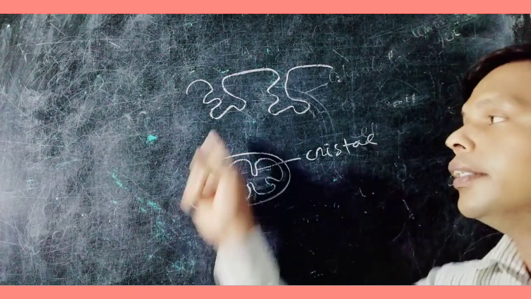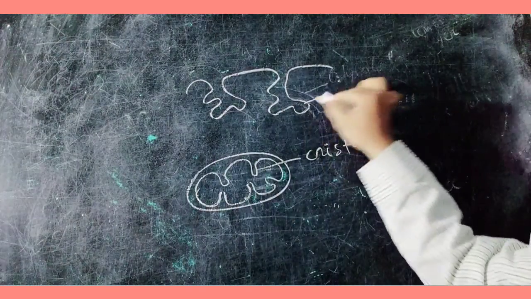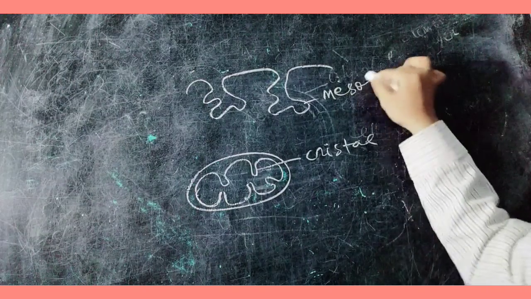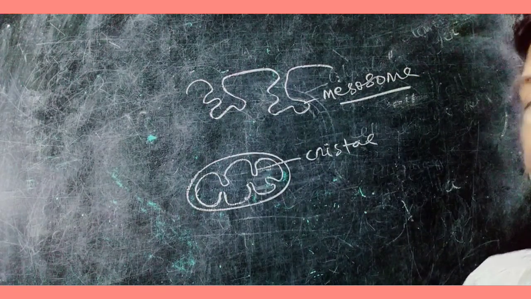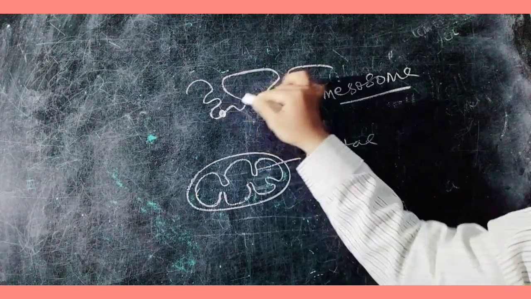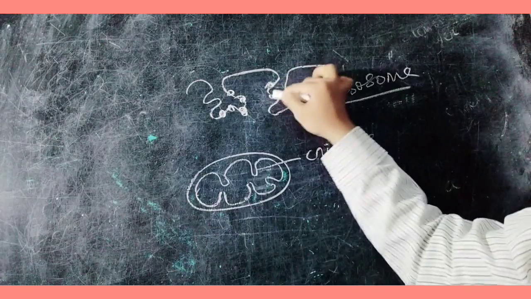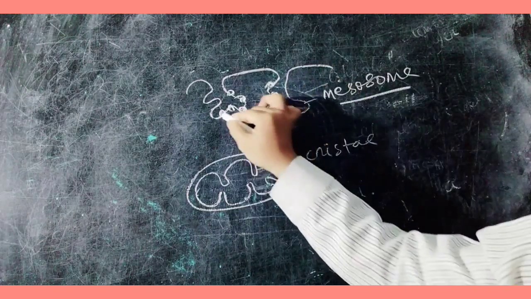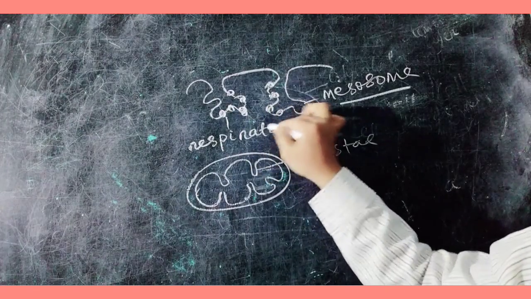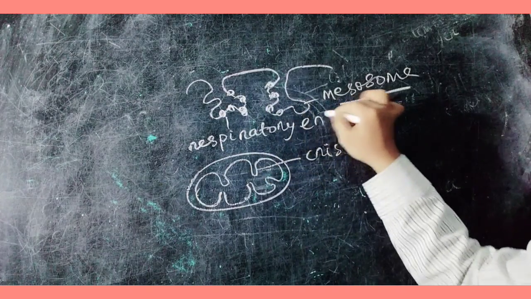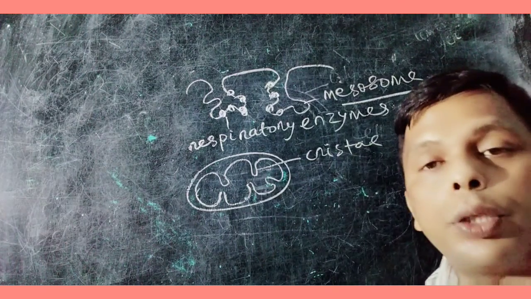Like this, the mesosomes of prokaryote are analogous to mitochondria because here respiratory enzymes are found. Many respiratory enzymes are found which help in synthesis of ATP. Okay, respiratory enzymes are found in mesosome.